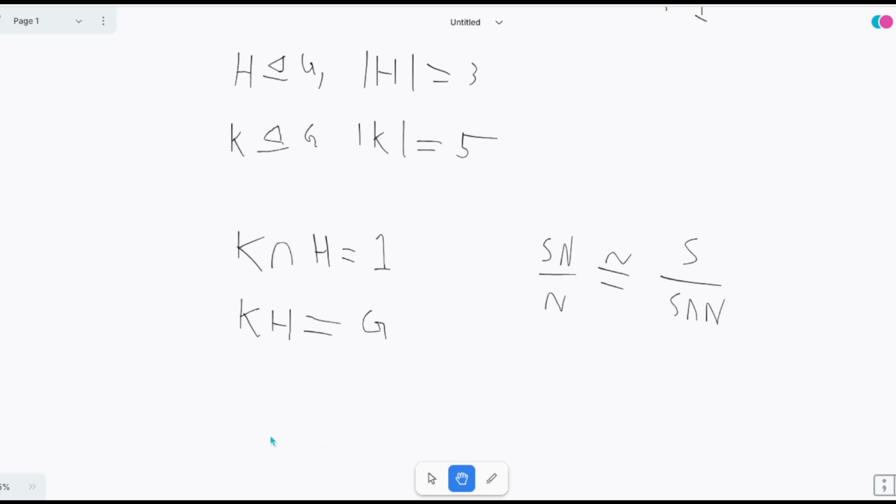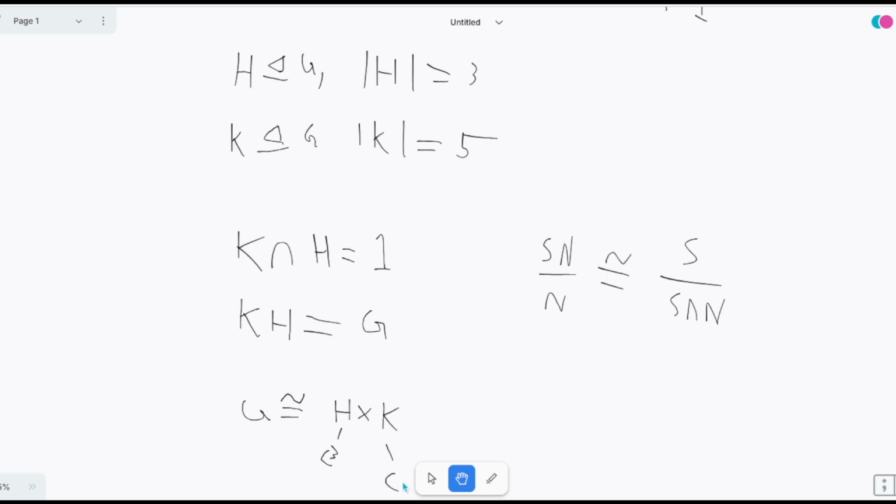So in this case, that tells us that G is isomorphic, a straightforward application, to the direct product of H and K. And H is order 3, which means it has to be isomorphic to C3.